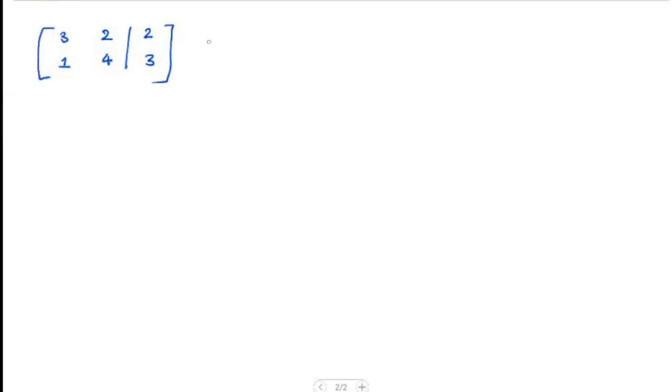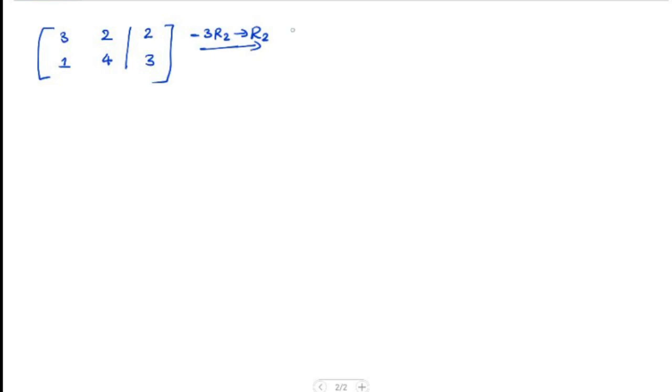Now, the first row operation that we can do here is multiply row 2 with -3. So we multiply -3 to row 2, and put the values in row 2.